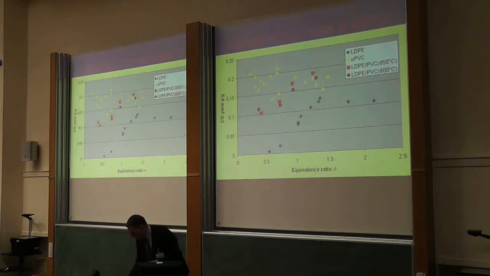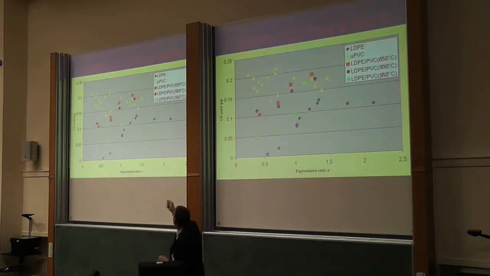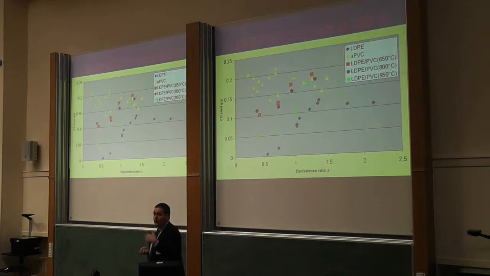If we crank up the temperature to 850, we get very much similar behaviour. And if we crank up the temperature again to 950, sorry, 800 and 950, you can see now we're getting almost LDPE type of lower yields, despite the presence of all these hydrogen chloride molecules and the chlorine radicals.